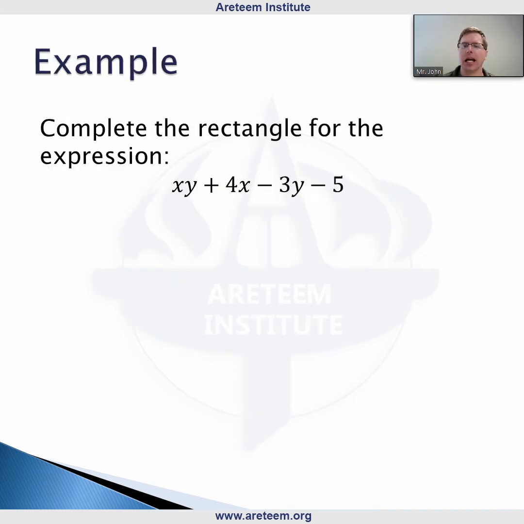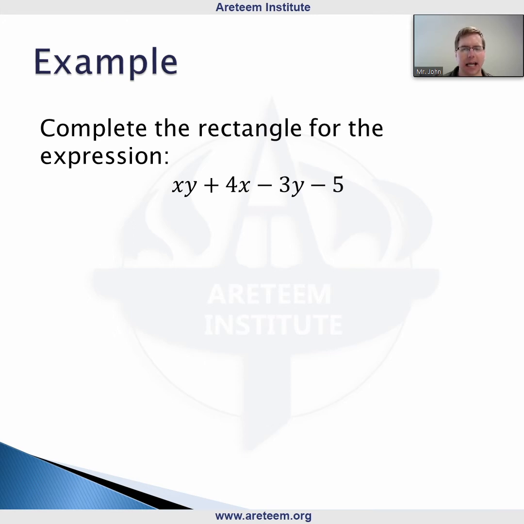Now let's look at an example. We want to complete the rectangle for the expression xy plus 4x minus 3y minus 5. If you've heard of some of these tricks before, you might know this as SFFT, which is another way to say it. But thinking about this as synonymous with completing the square, I really prefer the idea that we're completing the rectangle.